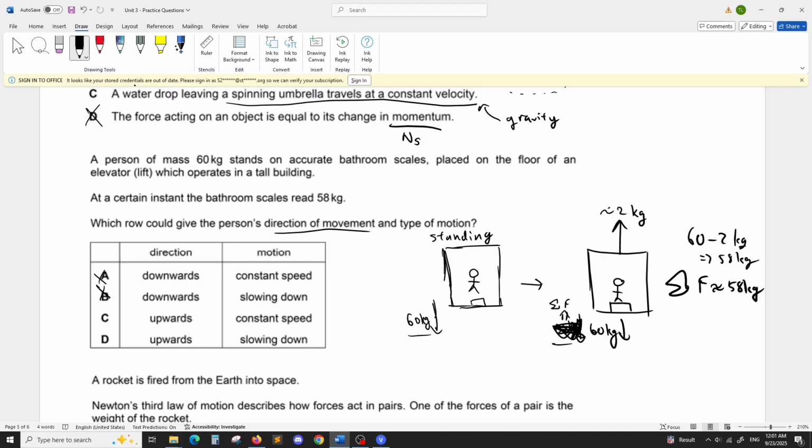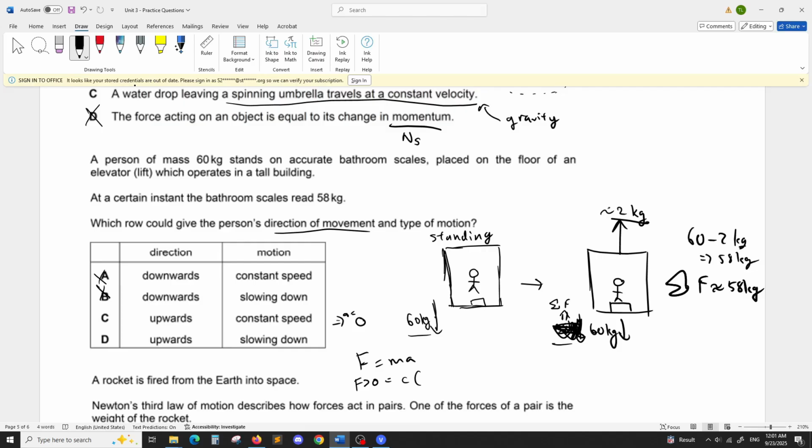Okay, so if it's going at constant speed, that just means that our acceleration is 0. If we use our definition of F equals ma, our force is going up, so our force is greater than 0, and our mass is a constant basically.